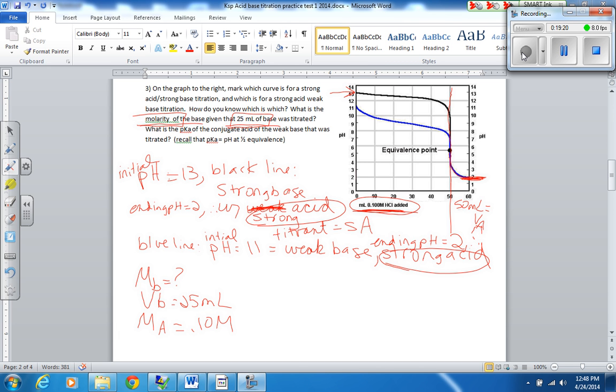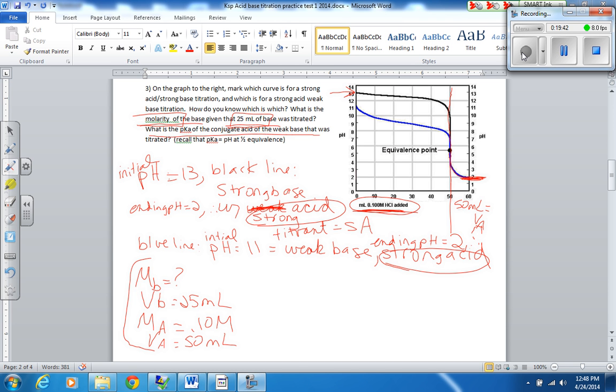And 3, the only thing I'm missing here is the volume of the acid, so we know that that is 50 milliliters. And now molarity times volume gives you moles. Moles to moles gives you the moles of the other thing, divide by liters to get molarity. I'm not going to go through the rest of that because we've done that twice before.